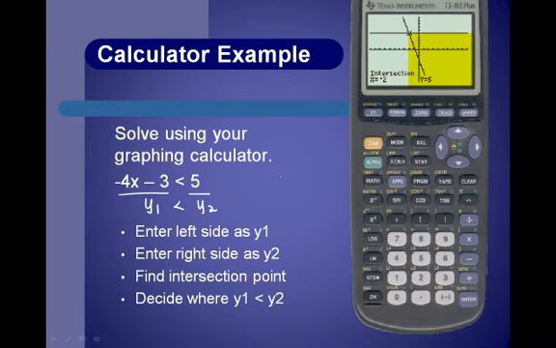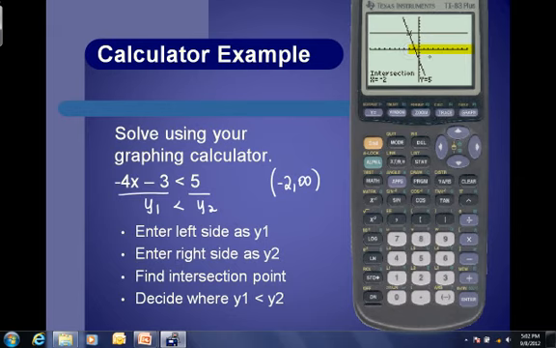So for our solution, it would be from negative 2 to infinity, because if you picked any point from here to your right, that is from negative 2 all the way over, the y1 is going to be below y2.